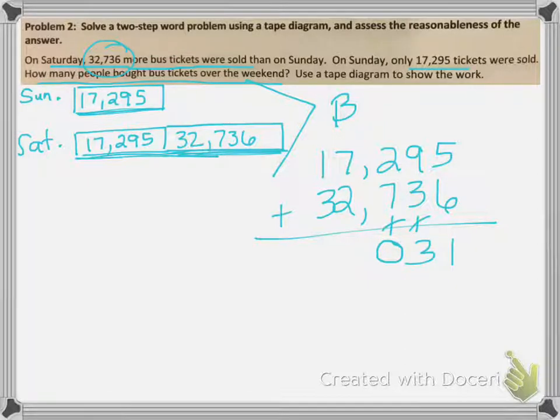Put a 0. Regroup the 1. 7 plus 2 equals 9. Plus 1 equals 10 again. 0. Regroup the 1. 1 plus 3 equals 4. Plus 1 equals 5. Bring your comma down. So the total amount of bus tickets is 50,031. Now I have to take that and add it to Sunday's tickets that were bought.